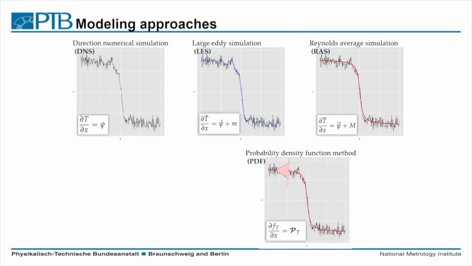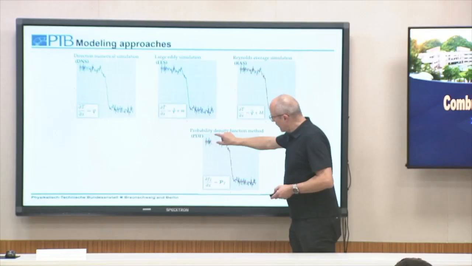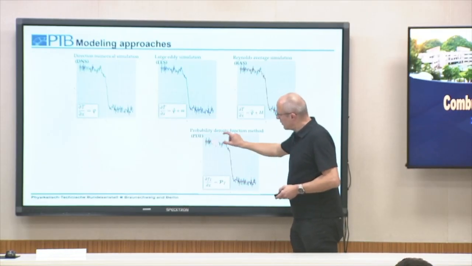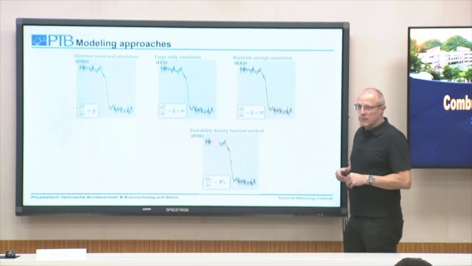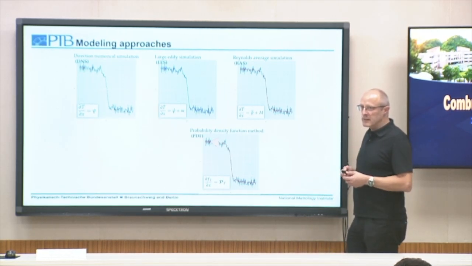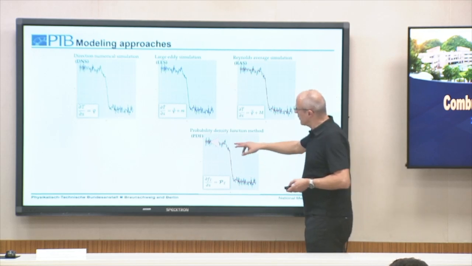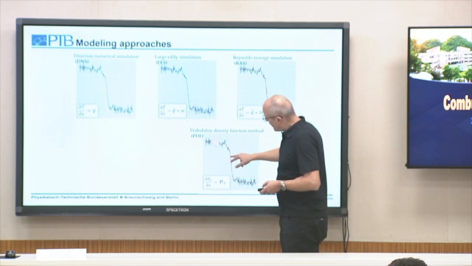And what we then can use as an alternative is to solve the transport equation for the probability density function. So along this profile, we look at the probability of the system to be in one specific state. So we do not have a discrete value.